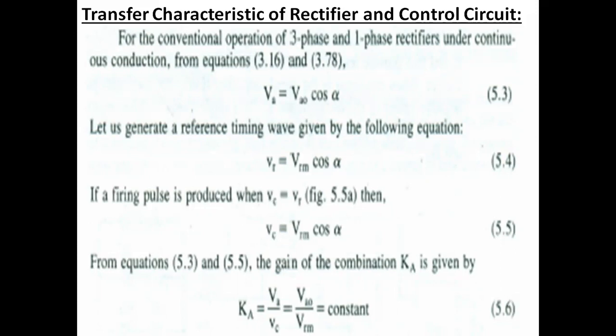A three-phase fully controlled rectifier is fed by a 50 Hz source, and it takes from 0 to 3.33 milliseconds. This is the time interval, 3.33 milliseconds, between two consecutive firings.